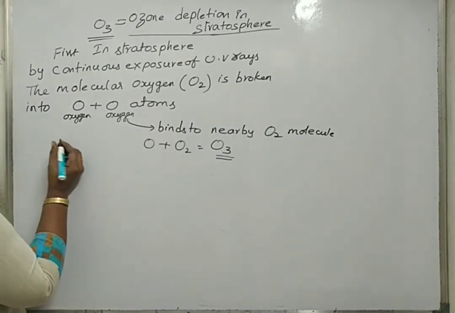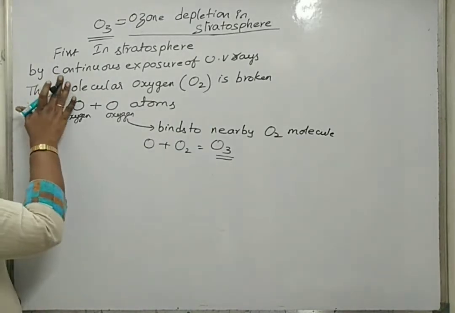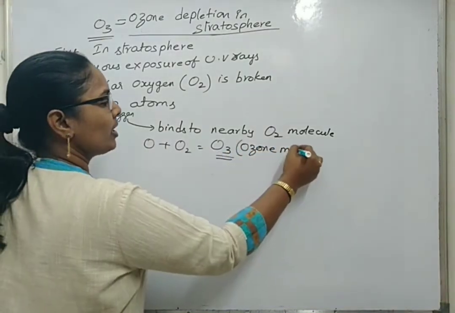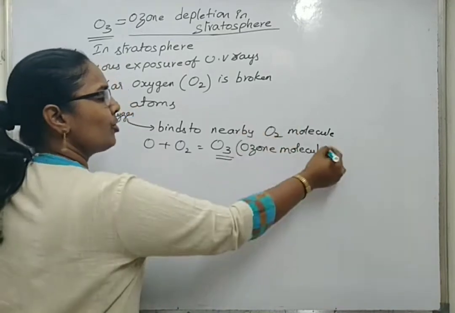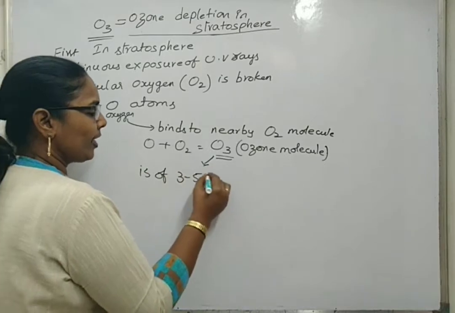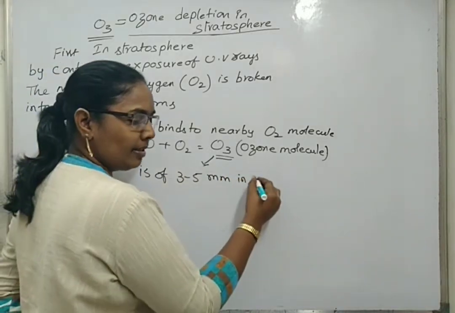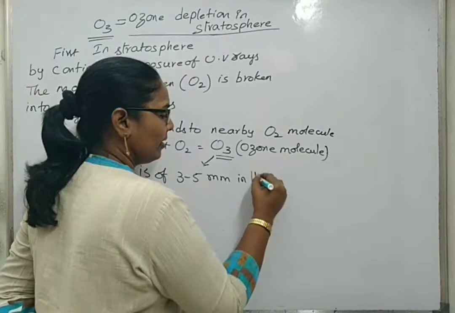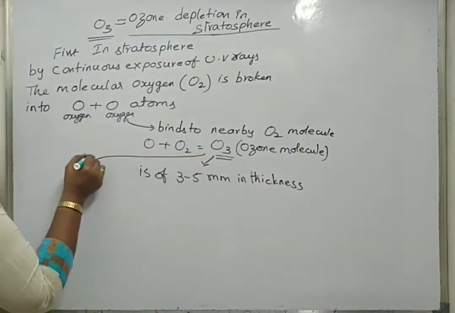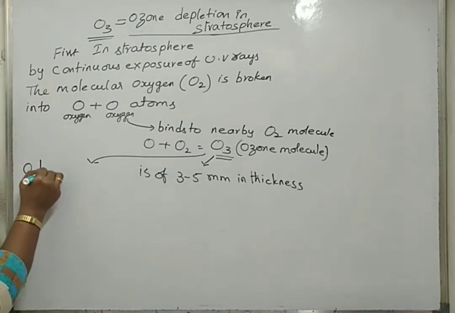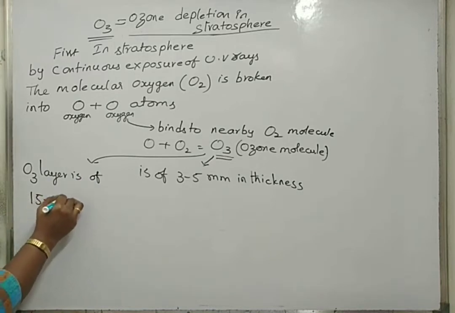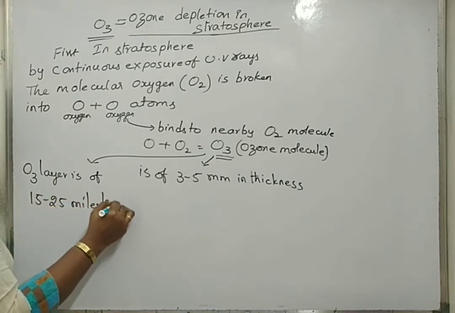Now, this is the formation of what we call the ozone molecule. The ozone layer is 3 to 5 millimeters in thickness and lies 15 to 25 miles from Earth's surface.